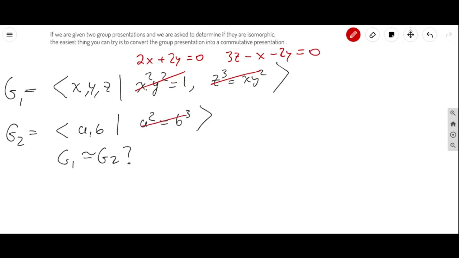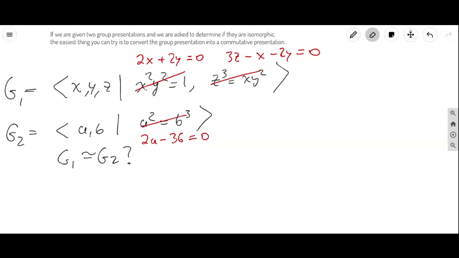You would turn this into 2a minus 3b is equal to 0. Okay, you turn it into a commutative problem. If these two groups were isomorphic as groups, then they would also be isomorphic as commutative groups when you turn those relations into commutative ones. So you add commutativity to the presentations, and then you check if they're isomorphic.